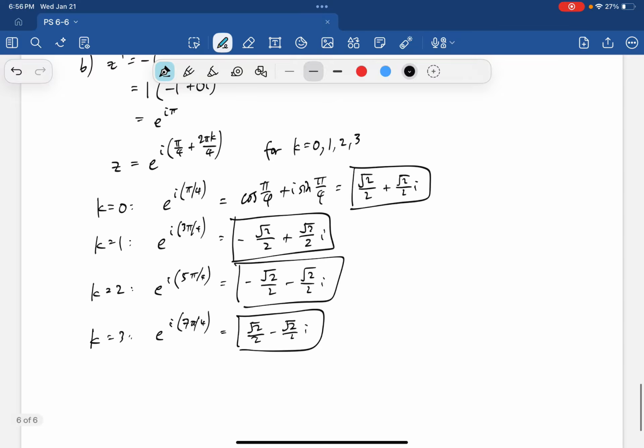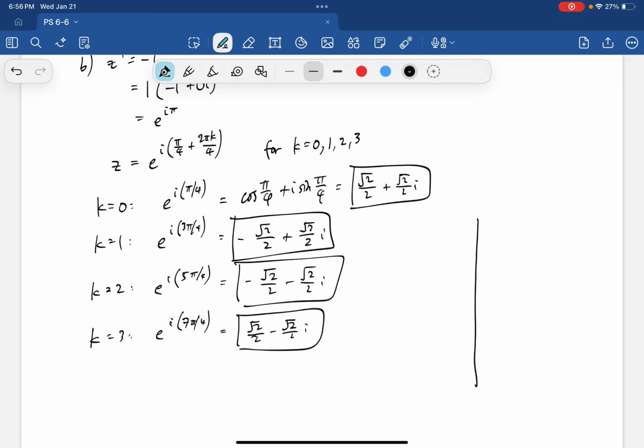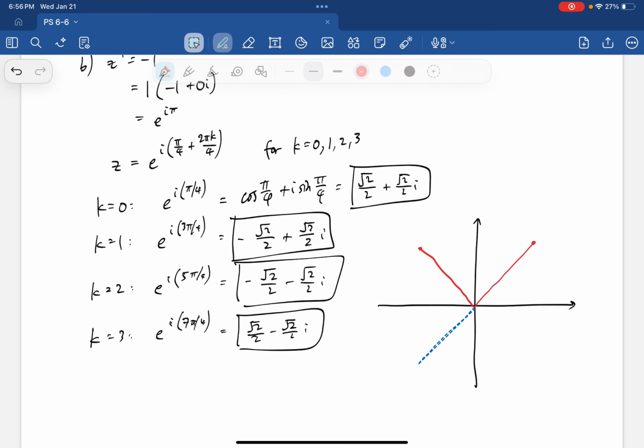All right, so those are our 4 solutions. When we plot them, we are going to get solutions at pi over 4, 3 pi over 4, 5 pi over 4, and 7 pi over 4, all with length 1.